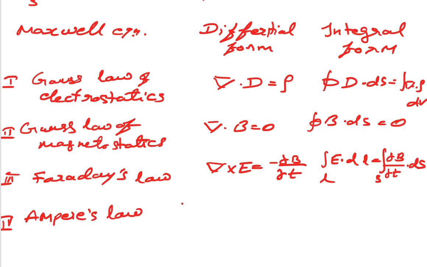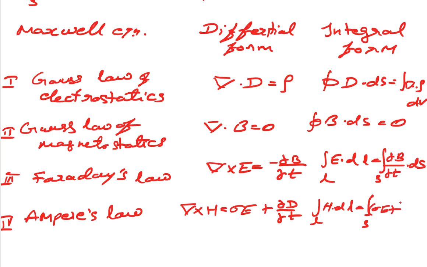From this law, del cross H is sigma E plus dou D by dou t. And the integral form is the line integral of H dot dl equal to the surface integral of sigma E plus dou D by dou t dot ds.